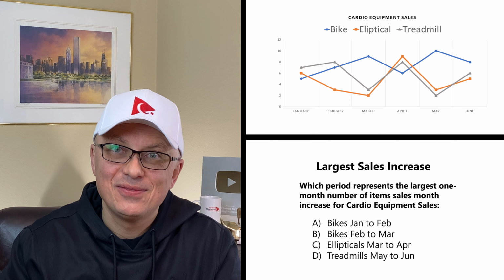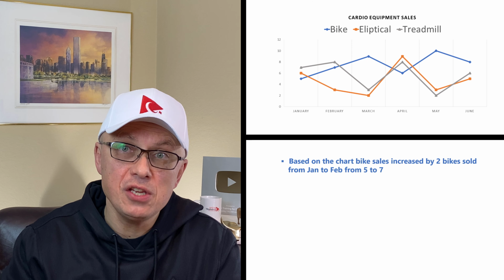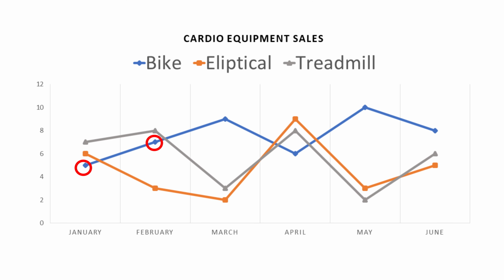Let's do it together. Based on the chart, bike sales increased by 2 from January to February, from 5 to 7 items sold. Bike sales also increased by 2 from 7 to 9 between February and March. Elliptical sales, on the other hand, increased by 7 from March to April, jumping from 2 to 9.